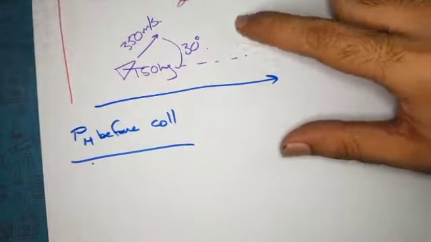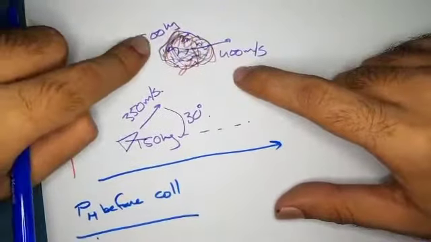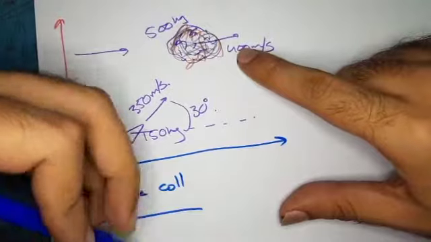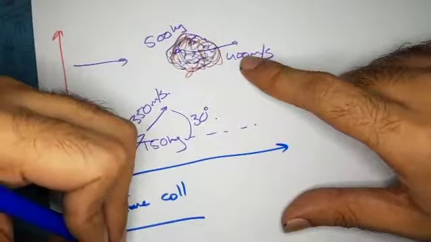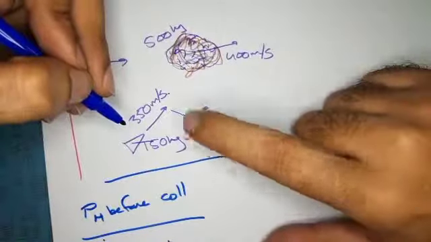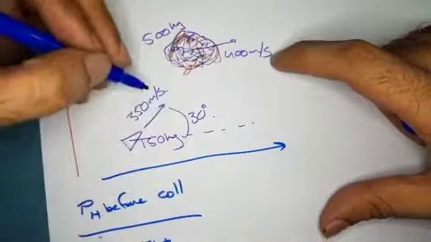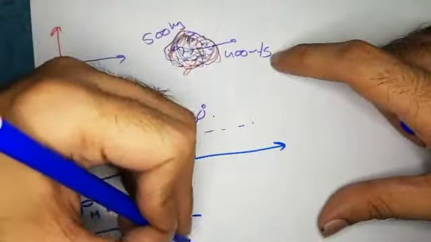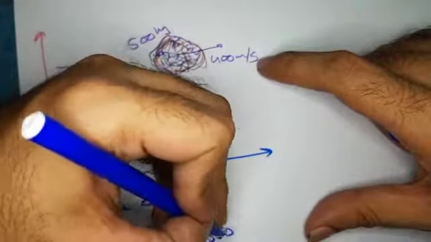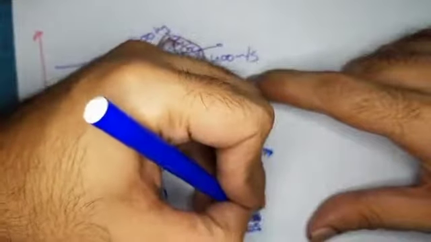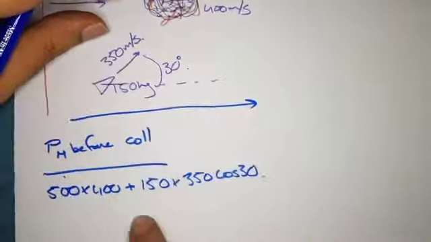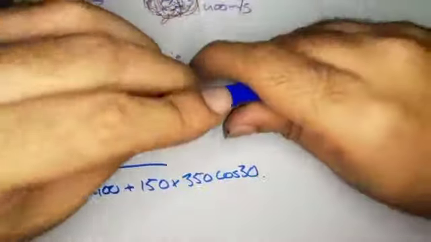So it's going to be the momentum of this horizontally, which is 500 into 400 meters per second, plus the horizontal component of this, which is going to be 150 kg into 350 cos 30. So this is the momentum of the whole combination, right? Did I say anything wrong, guys?